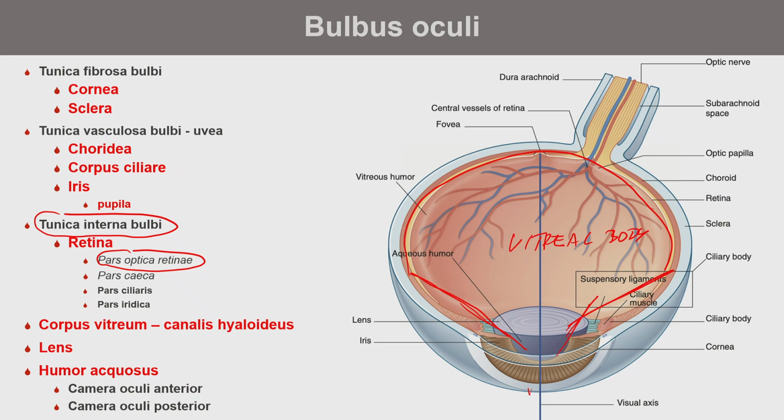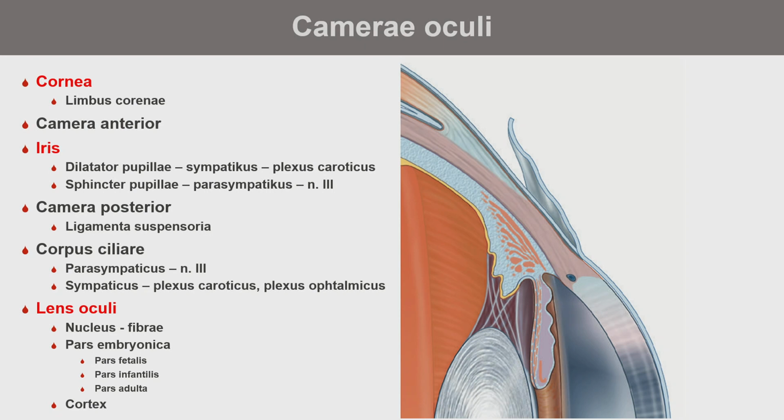So retina is a part which is sensitive for the light, but the light has to go through the other optic media.